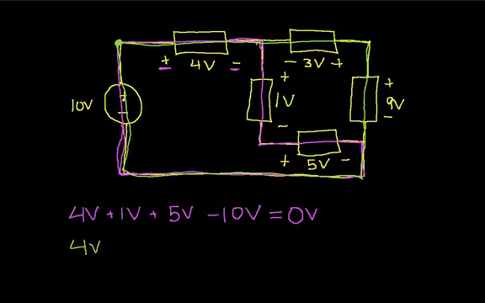The next load that I encounter is 3 volts, but now I'm going minus to plus, so that's going to be minus 3 volts. I encounter 9 volts, and then I go all the way around and get the source 10 volts, and this does again equal 0 volts.